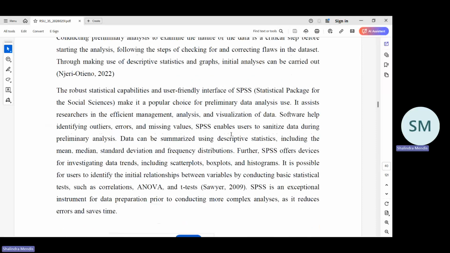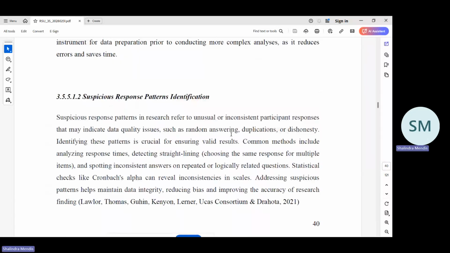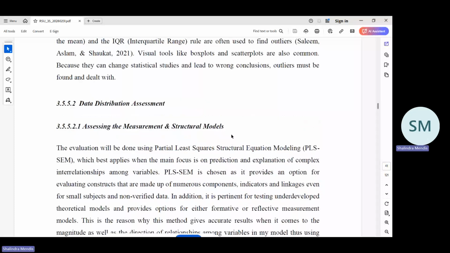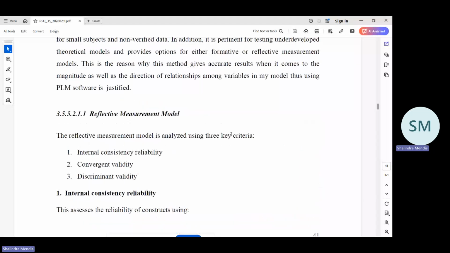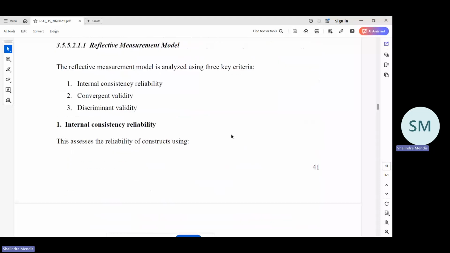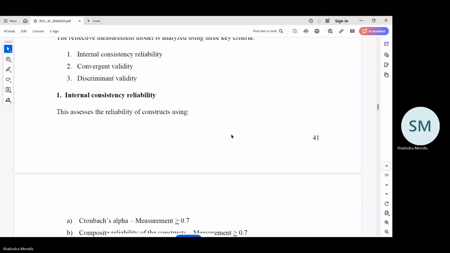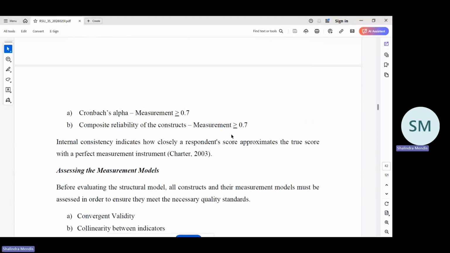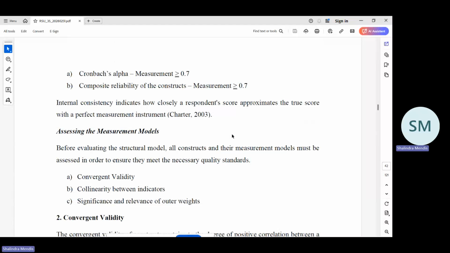Suspicious response pattern identification, outlier identification, data distribution assessments, reflective measurement model, internal consistency reliability, convergent validity, discriminant validity. Cronbach's alpha, composite reliability of the construct.